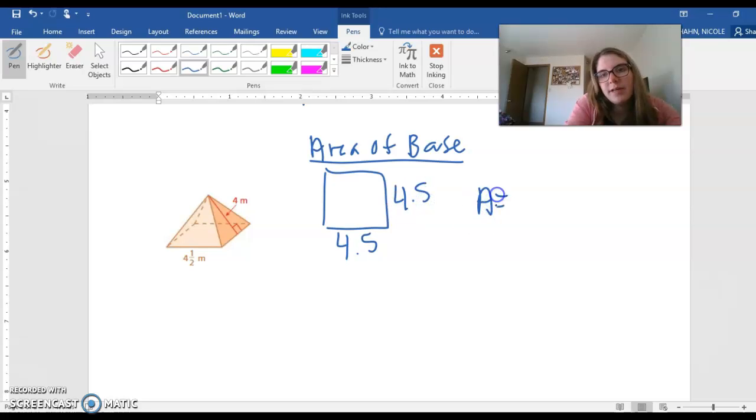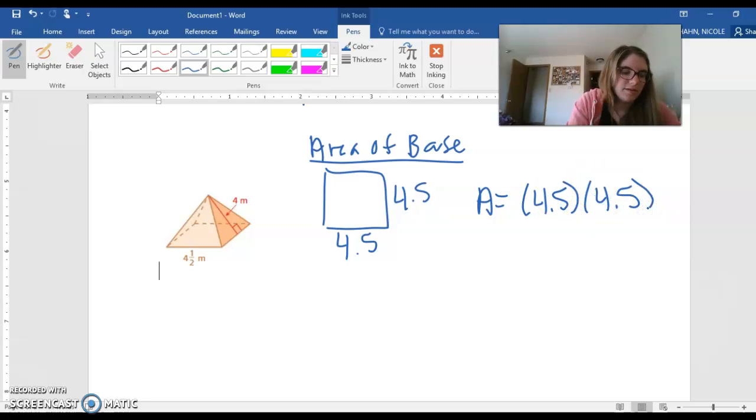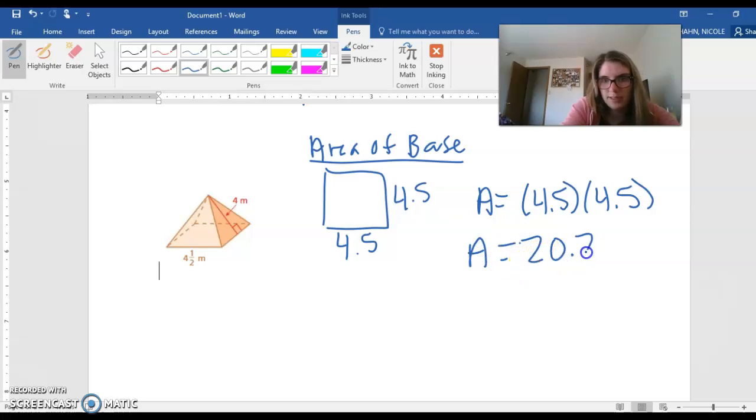So my area, I'm just going to multiply those two, is 4.5 times 4.5. So my area is going to equal 20.25 meters squared.